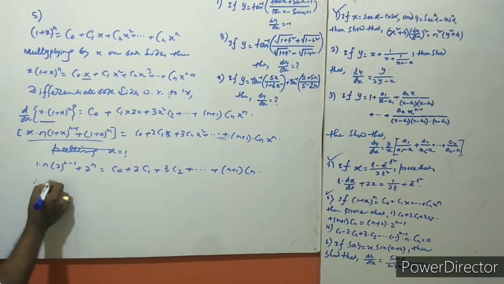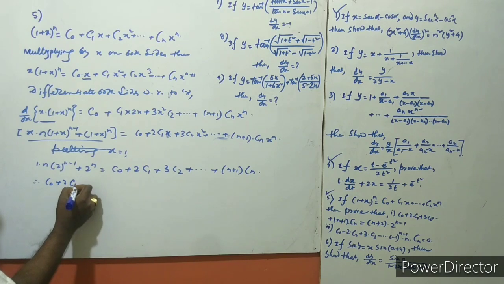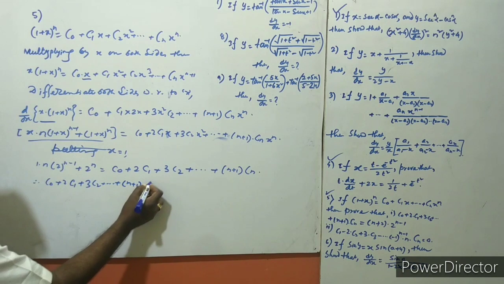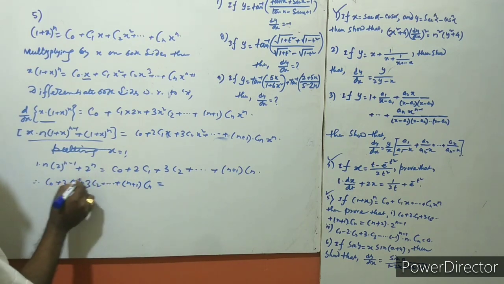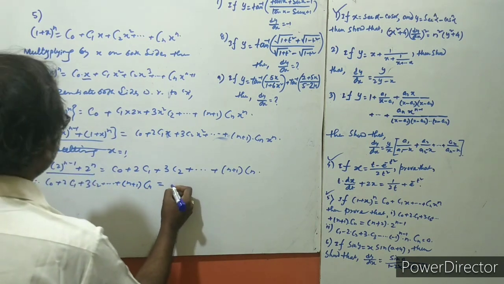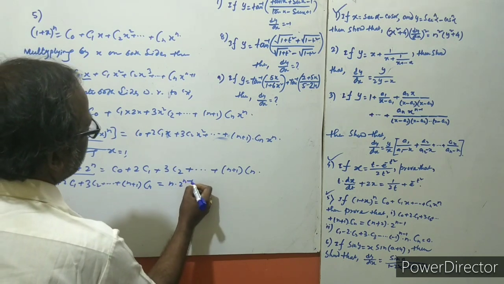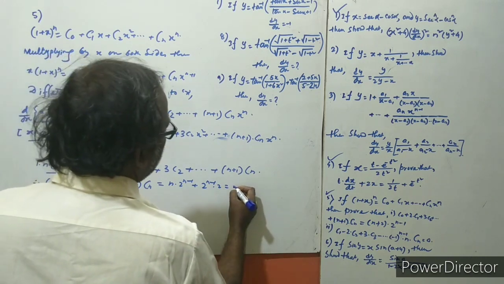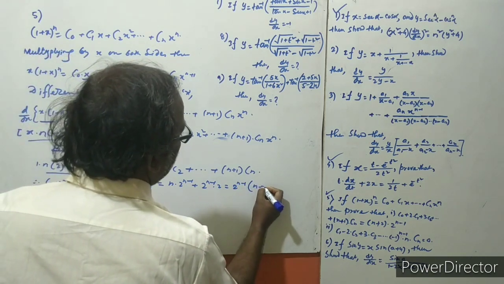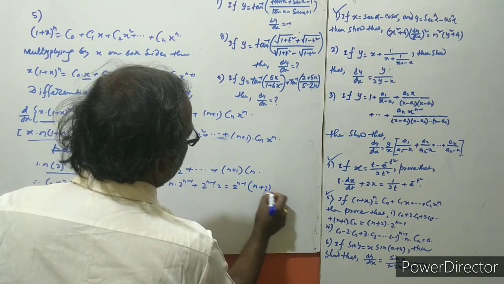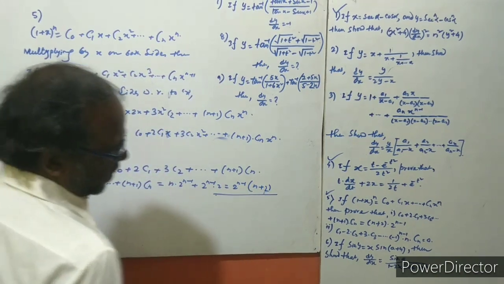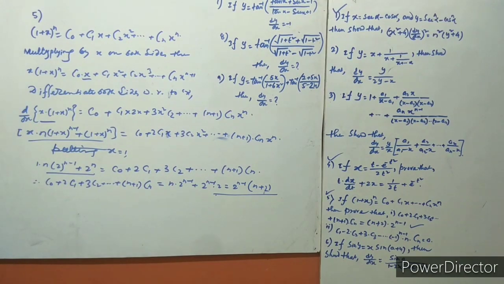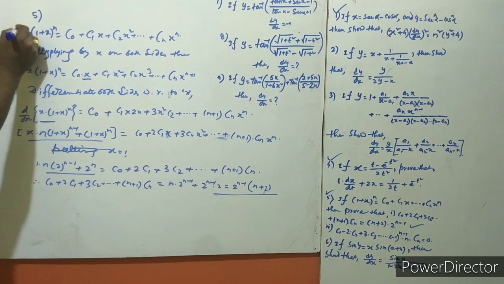Take a common factor, like n into 2 to the power n minus 1, plus 2 to the power n minus 1 into 2, and this is 2. Good, see, it's true here. This is the 5 part 1.